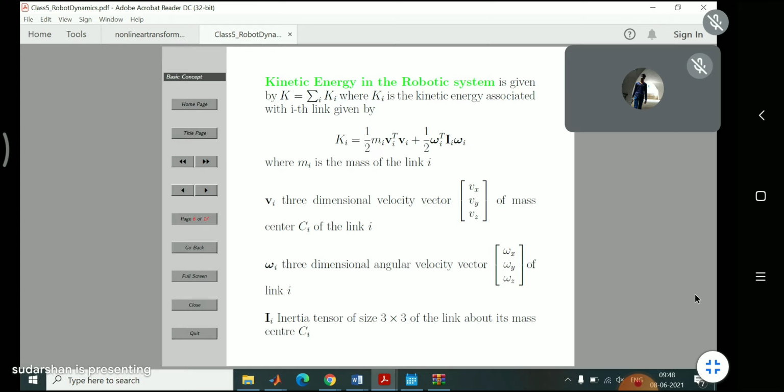So that is kg meter square divided by second square. Plus 1 by 2 omega transpose. The unit of omega is radians per second. So again we have two omega terms here, and the moment of inertia at the ith link.